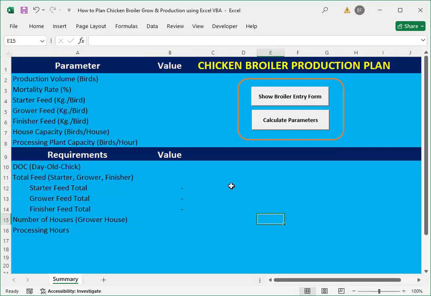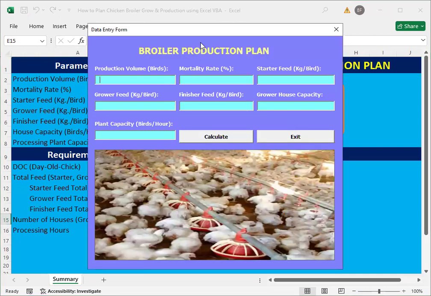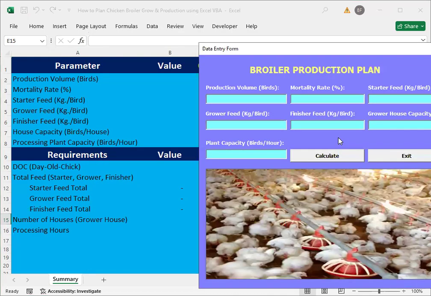Now let me go to the entry form. This would be our data entry form. I'm going to enter the parameters for us to be able to come up with requirements. Let's say we're going to produce 1 million birds or broiler chicken. And let's say the mortality rate is 5%. The starter feed would be 1.5 kilogram per bird.